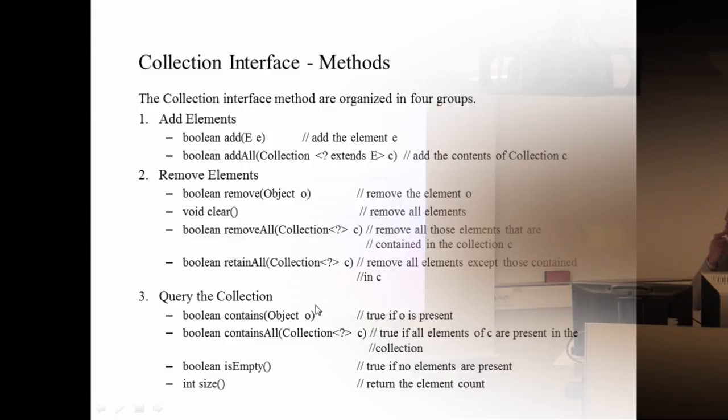And then the collection interface also provides you some query methods that you can use to get information about your collection. So for example, the size of the collection, whether the collection is empty or does contain some values inside, and whether this collection contains a specific object or not.